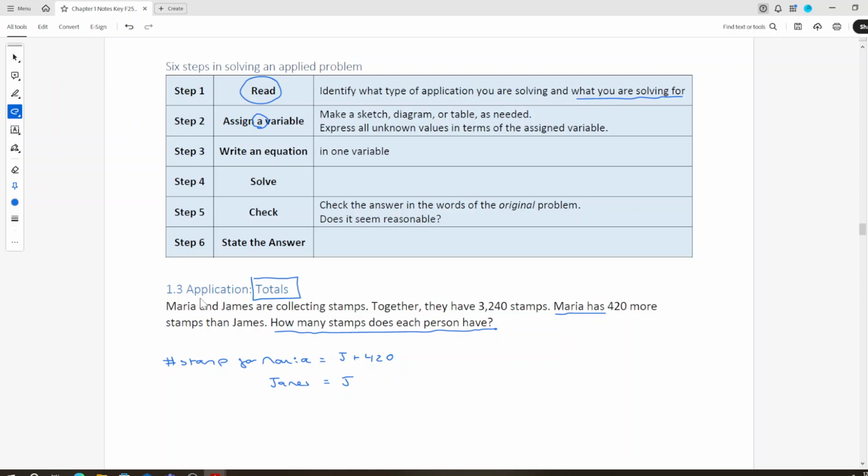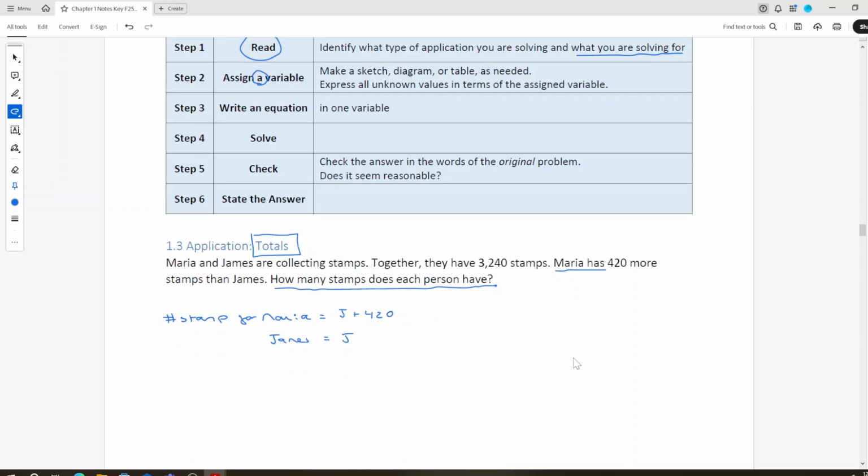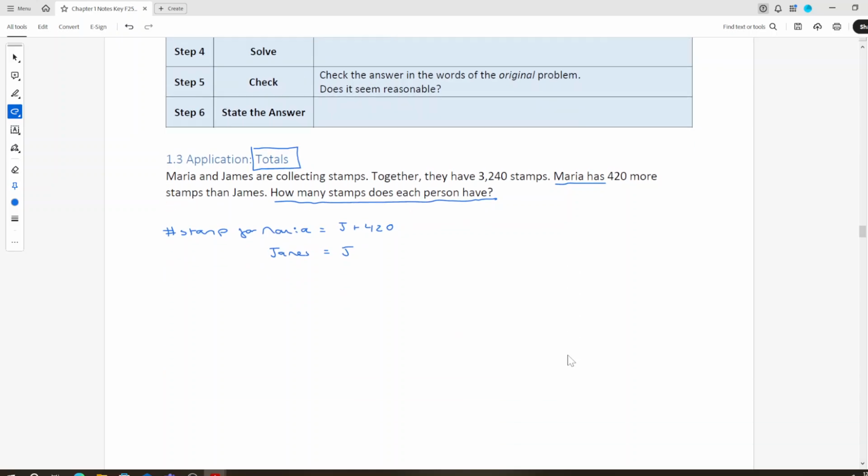One of them is going to be assigned the variable, and then the other one you're going to write in terms of it. Now, I call these total questions because they'll give you this sentence: together they have 3,240 stamps. So the number of stamps that Maria has plus the number of stamps that James has will equal 3,240.